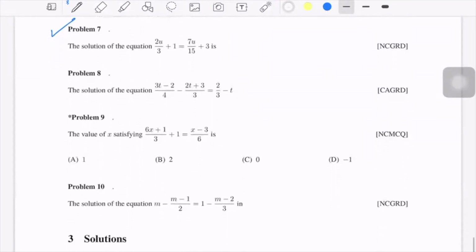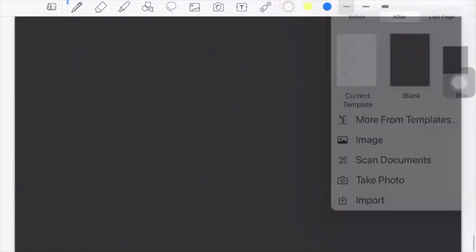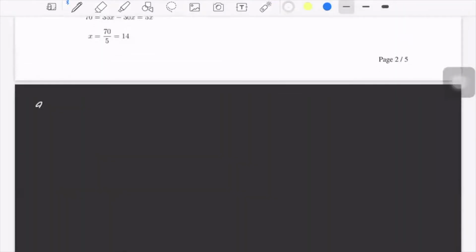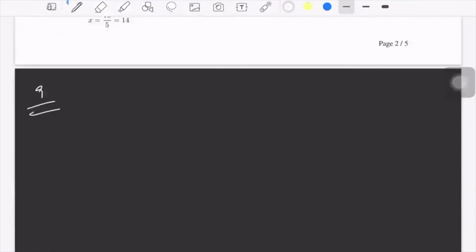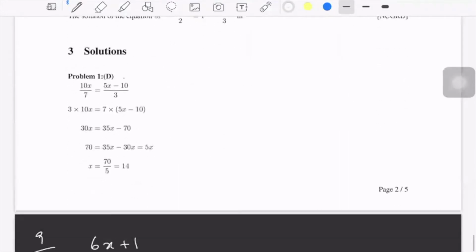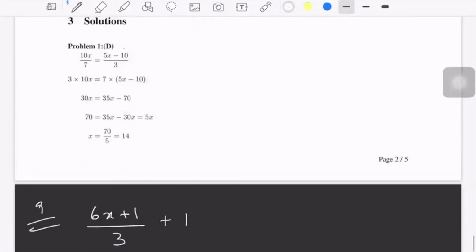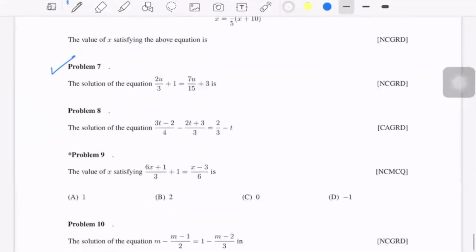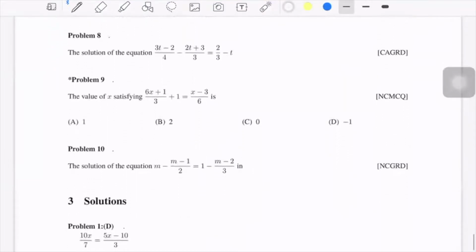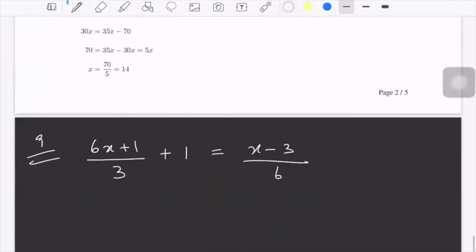Let's go to the next question, which is problem number 9. 6x plus 1 divided by 3, plus 1, is equal to x minus 3 divided by 6.